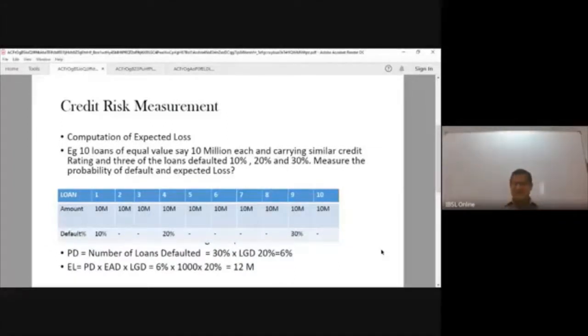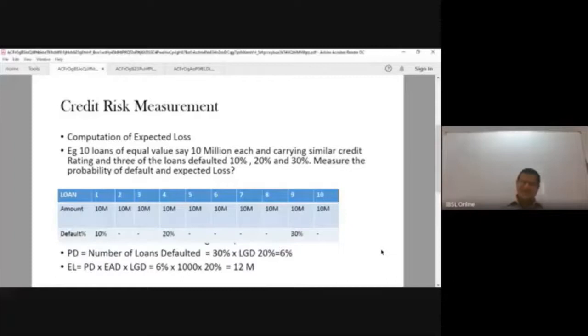So we have a 20% average in this, and 30% of clients, out of 10, 3 have defaulted. So 30% into the average amount of default is called probability of default.